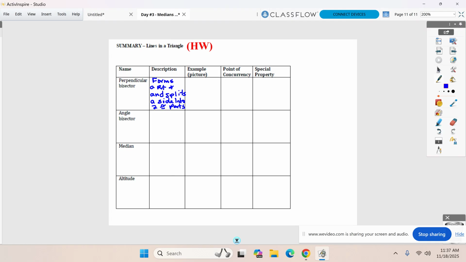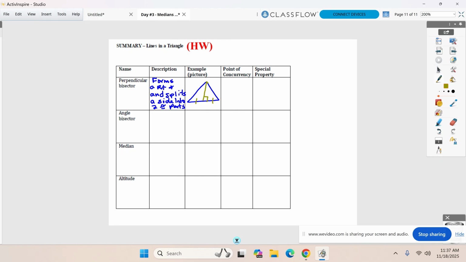Can you draw it? Can you start with the triangle? All your pictures should start with the triangle because that's what we're working in this unit. Start with the triangle and give me a perpendicular bisector with the correct markings. So you should have something that is perpendicular with a right angle and hash marks.